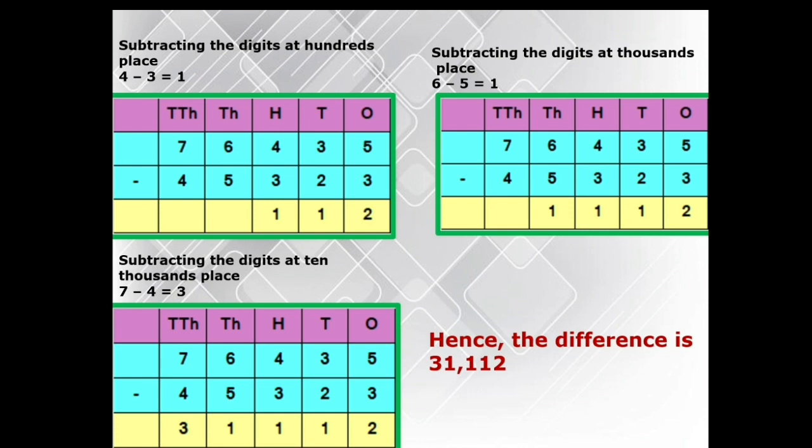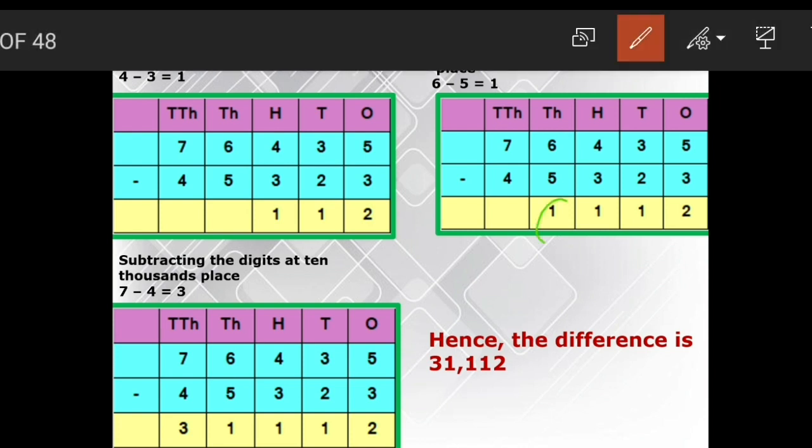Then in thousands place, we'll subtract 5 from 6, so 6 minus 5 is 1. Here we got 1. And finally, we'll subtract the numbers which are at 10,000s place, that is 7 and 4. So 7 minus 4, we'll get 3. Hence, the difference is 31,112.